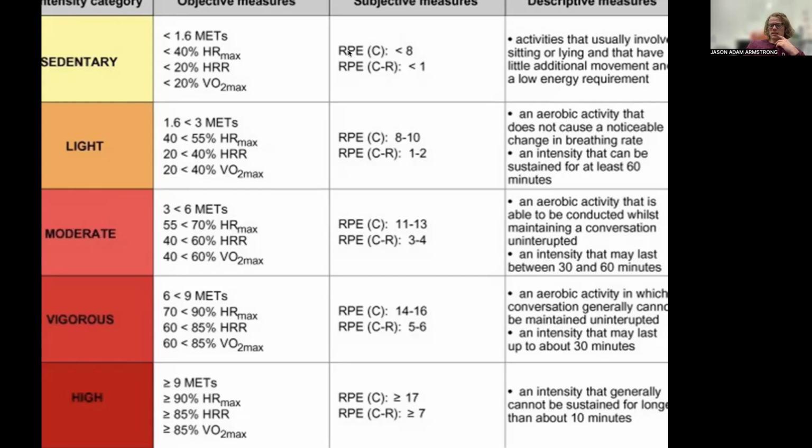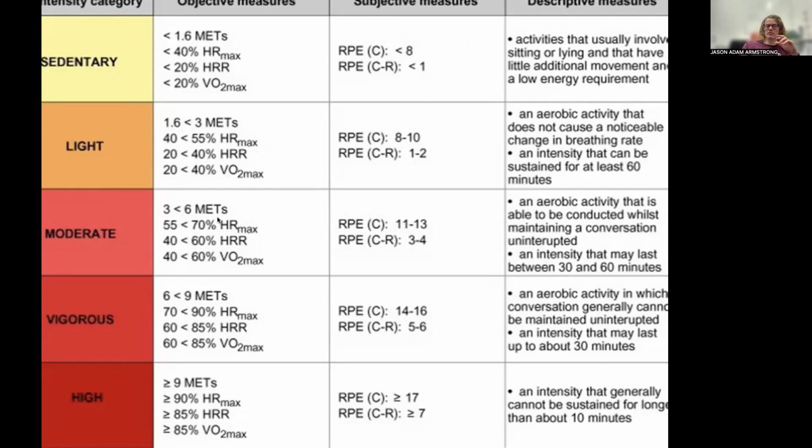There are 2 RPE scales here. One is a 6 to 20 scale. That's this top one. The bottom one is a 1 to 10 scale. So it's helpful if you were going to use RPE to prescribe. This is a really helpful graphic, which is why it's on here. Then we move into light intensity, and you can see we've got these objective measures and subjective measures.